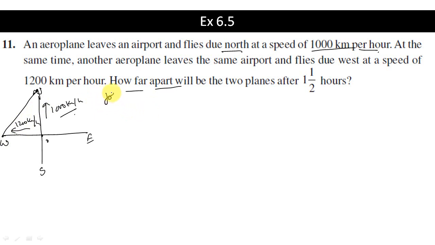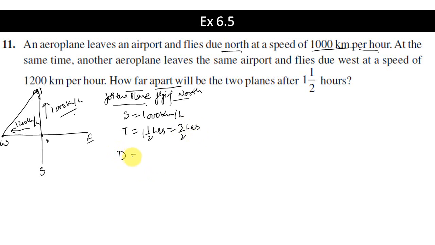So for the plane flying north, the speed is 1000 km per hour and the time is 1.5 hours, or I can say 3/2 hours.